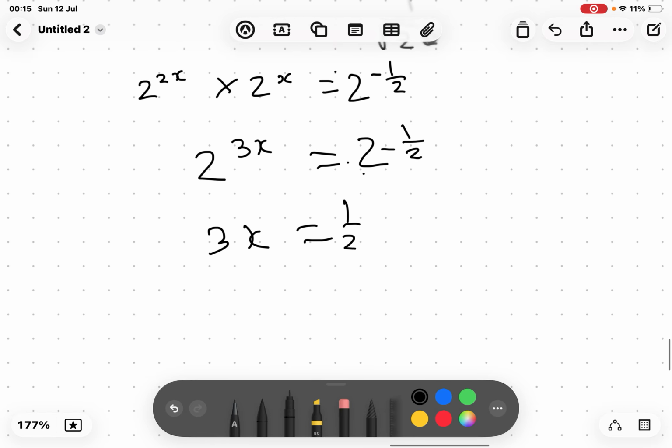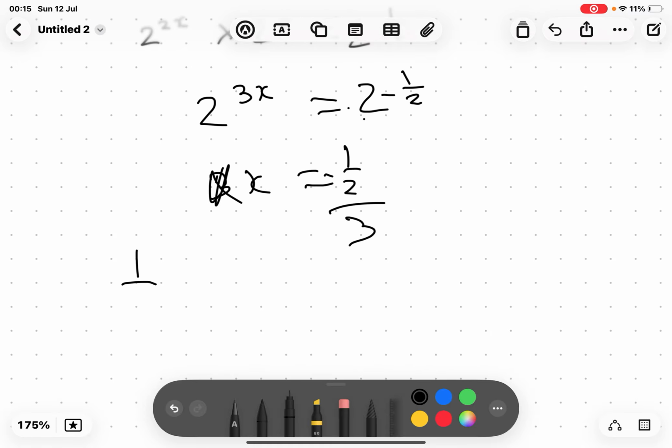And then to solve for x, we have to divide everything by 3. So if I work this out here, I've got negative a half divided by 3. So that's the same thing as negative a half multiplied by a third, which is negative a sixth, okay? Okay, 1 second.